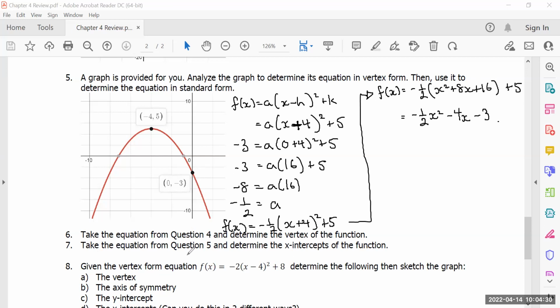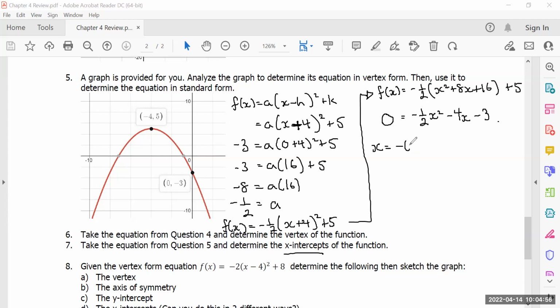Question 7 says, take the equation from question 5 and determine the x-intercepts. Now, I could go ahead and try to factor this, but for the sake of practicing for the quiz or for the test, I am going to pretend that the y value is equal to 0, because x-intercept, and use the quadratic formula.